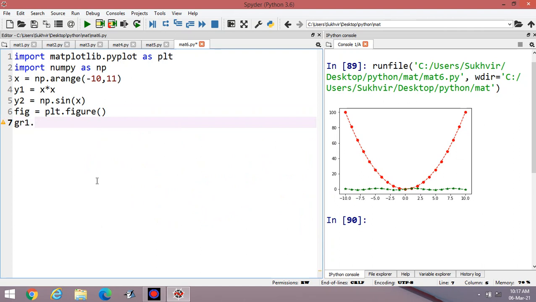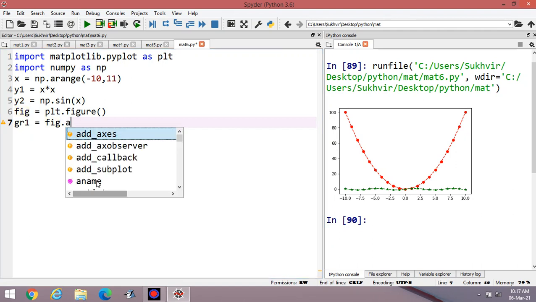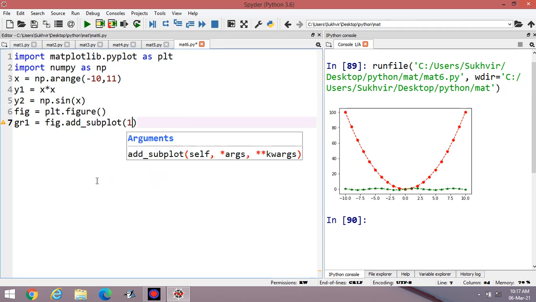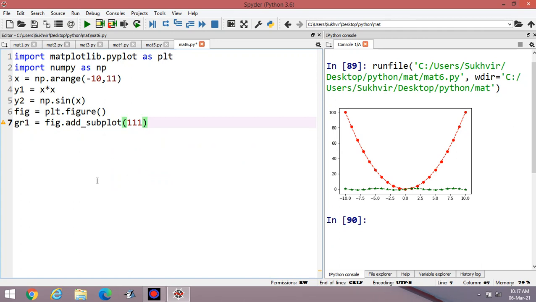The first graph is equal to figure.add_subplot. Suppose the location is 111.